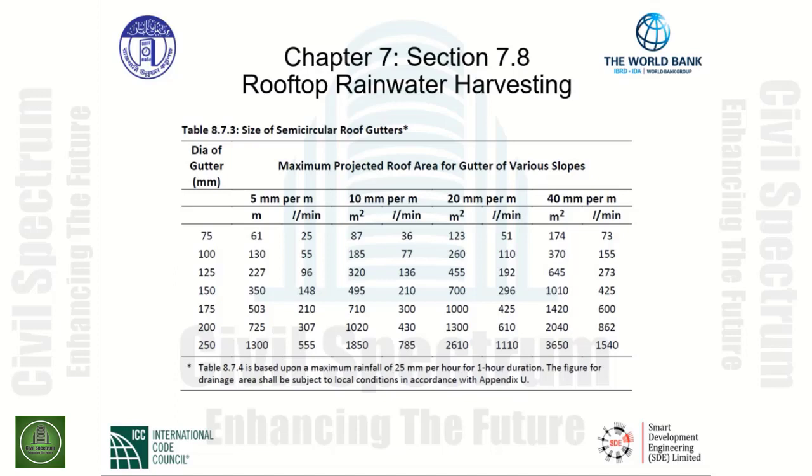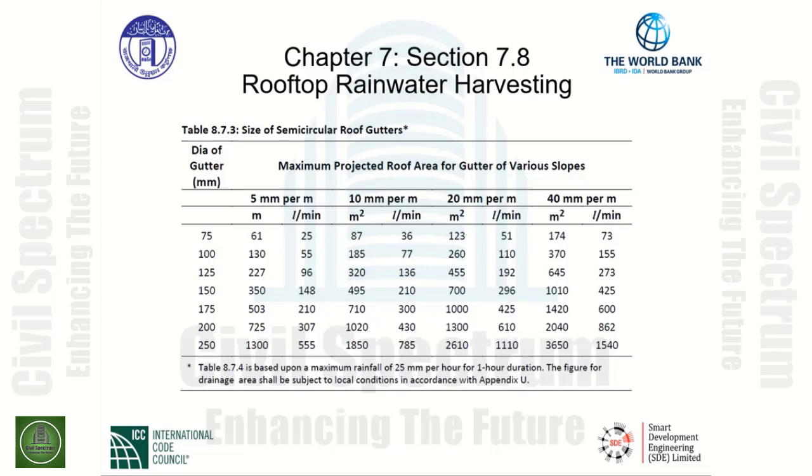This table is based upon a maximum rainfall of 25 millimeters per hour for a 1 hour duration. The figure for drainage area shall be subject to local conditions in accordance with Appendix U. This table could be utilized in multiple ways to determine the diameter.